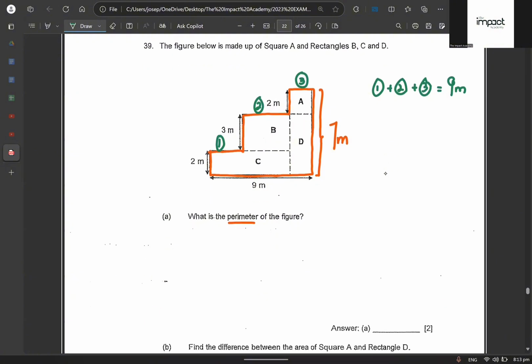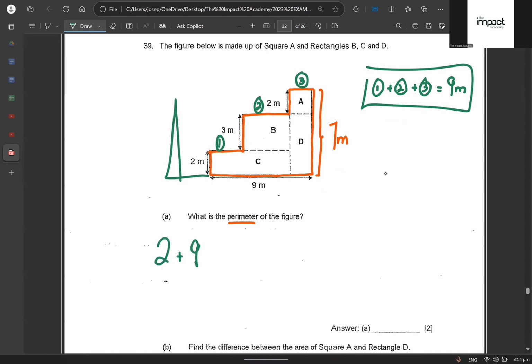So because of that, what I want to do now is group them up. Can you all see that I've grouped them up together? Okay, now you draw a flag over here. Okay, this is my flag. 2 plus 9. Why 9? Because I'm going to add 1, 2, 3 up together.